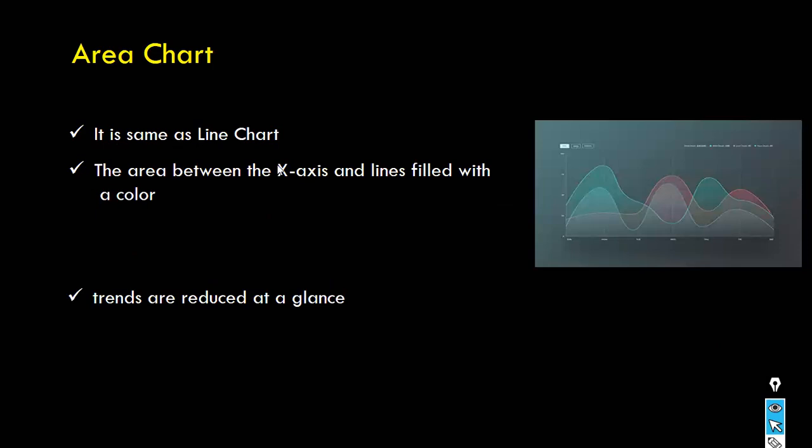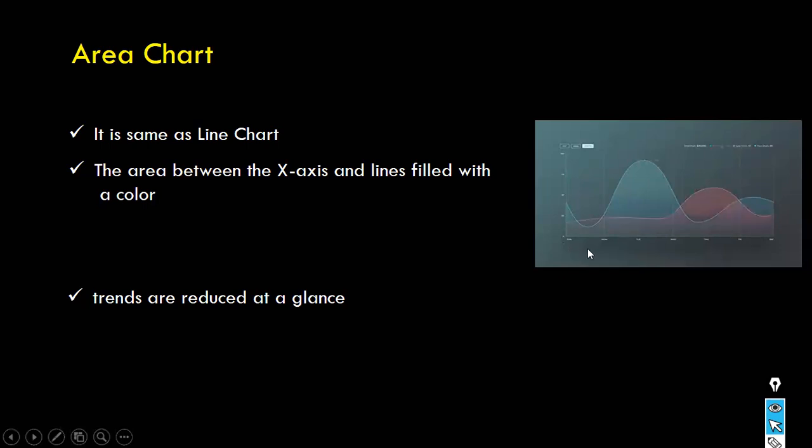Next one is the area chart. The area chart is also like your line chart. The only difference is that the area between the x-axis and the line is filled with color. Look at this one, the line filled with colors. In this case, the trends are clear at a glance, right?